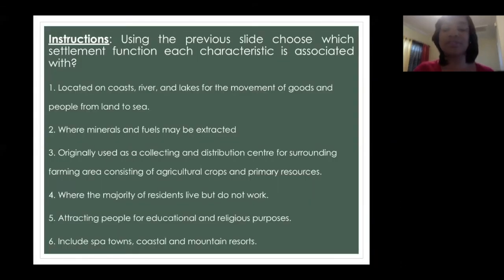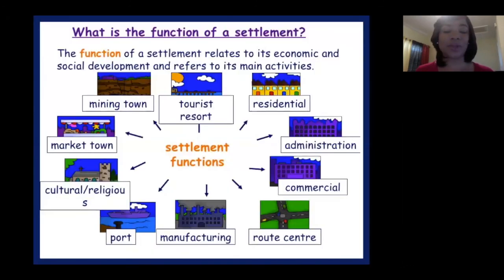Where minerals and fuels may be extracted. Which function do we think that is referring to?